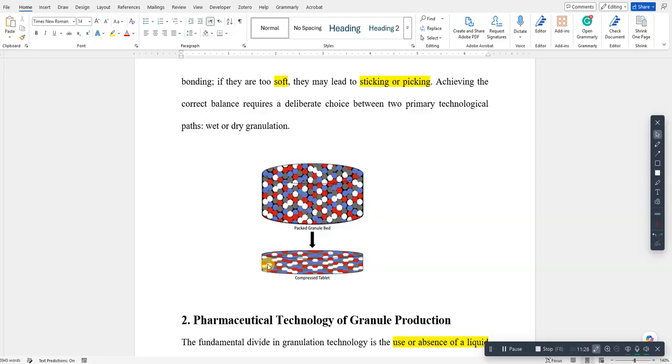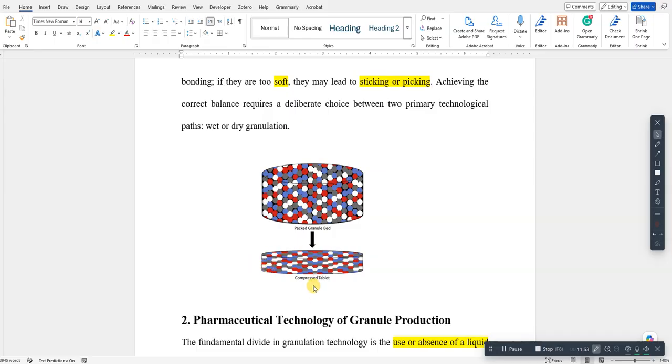Plastic deformation means there will be a permanent change in the granules shape, unlike the elastic deformation, where after applying the pressure and then removing the pressure, the granules will retain their original shape. No, here we have a permanent change in the granules shape.